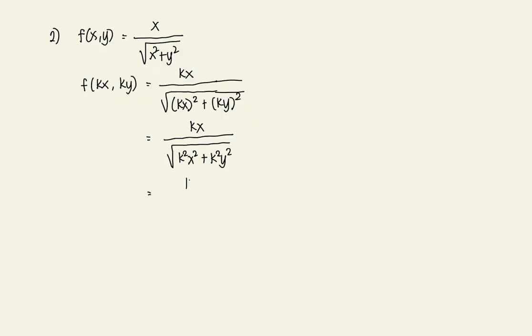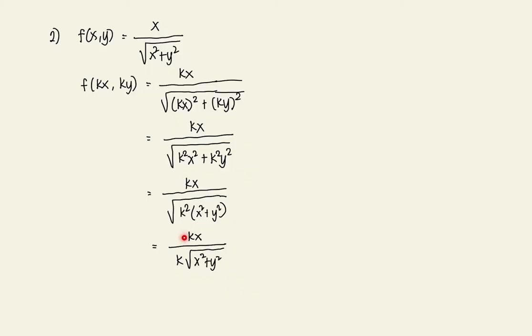And factoring out the common constant k squared, we have x squared plus y squared. And extracting the square root of k squared here, that would be k. So kx over k square root of x squared plus y squared.